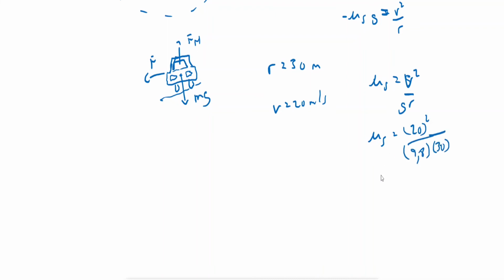The coefficient of static friction needed in order for you to turn that curve at that speed is going to be 1.4 basically, which is a bit high, right? So that's the static friction that you're going to need in order to be able to turn that curve.